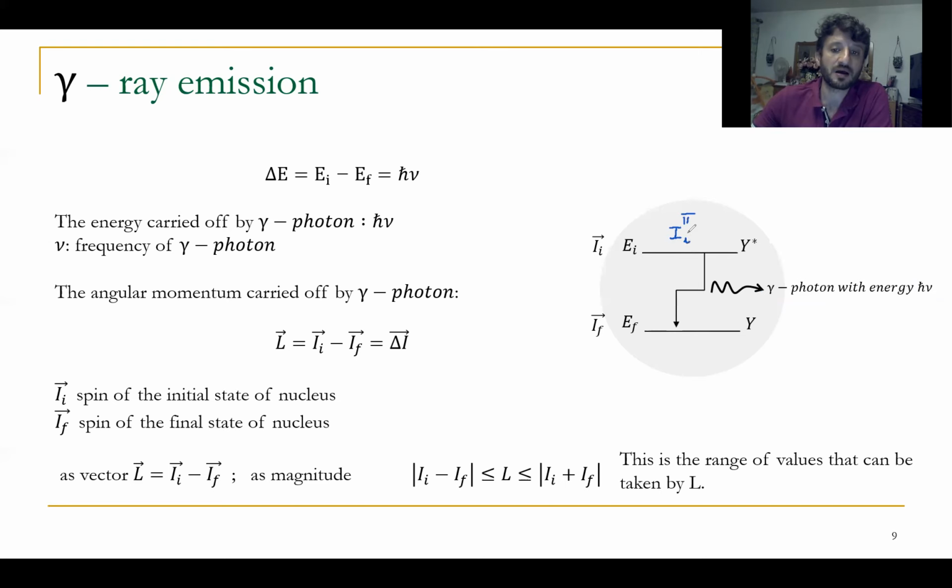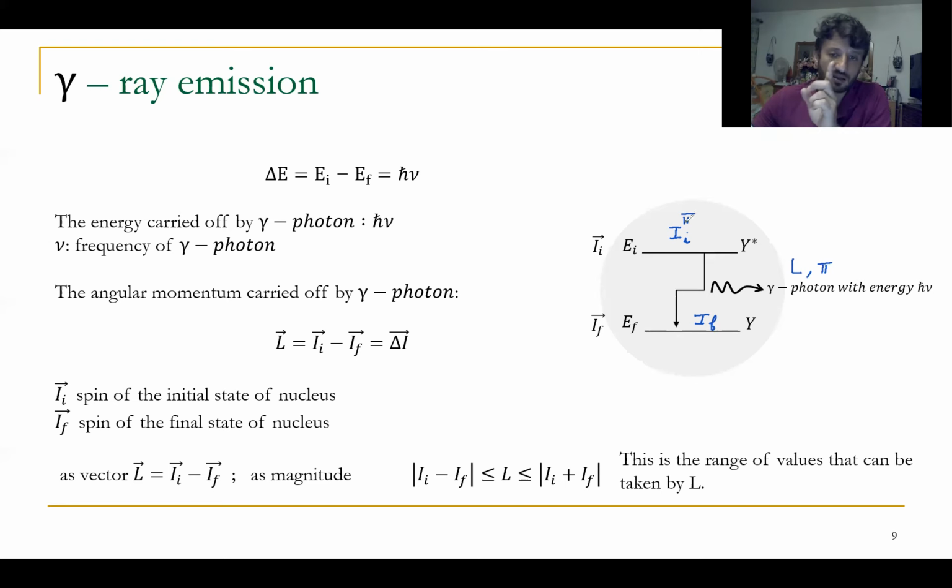I initial is the spin of the initial state of the nucleus, the angular spin of the initial state. The lower level has I final, the nuclear spin of the final state of the nucleus. The emitted photon has angular momentum L and parity pi.